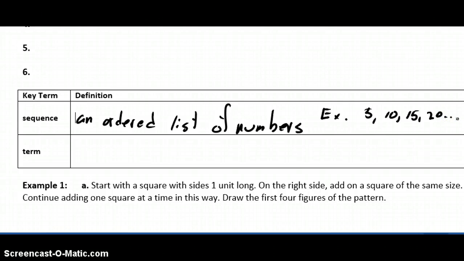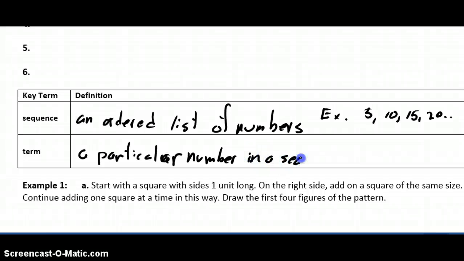That's an ordered list of numbers. A term is simply a particular number in a sequence. So from the above example, we would say 15 is a term.